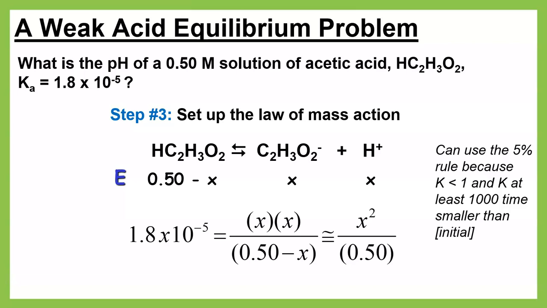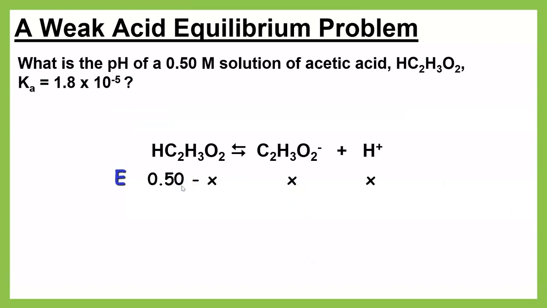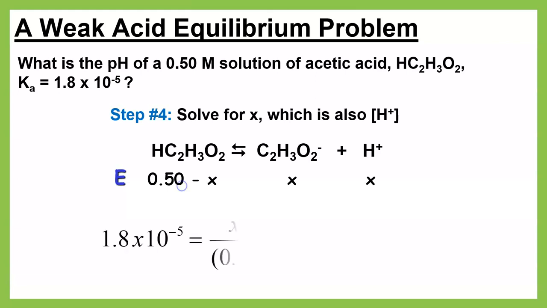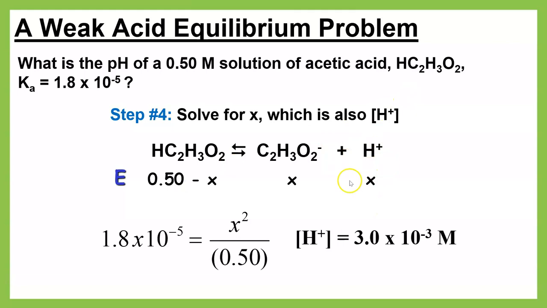And it simplifies our algebra. We do not have to use the quadratic. So now we can solve for h, and h is x, you can see here. So now that I know my concentration, now I can find my pH.